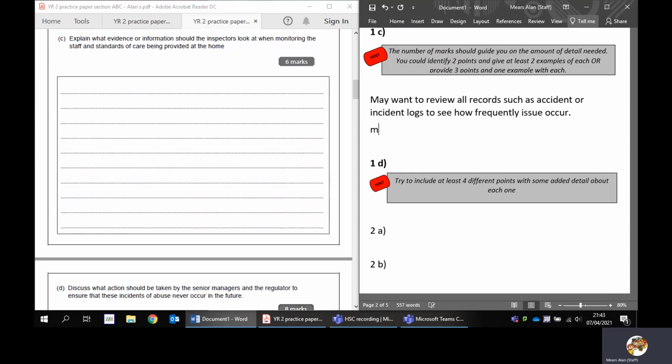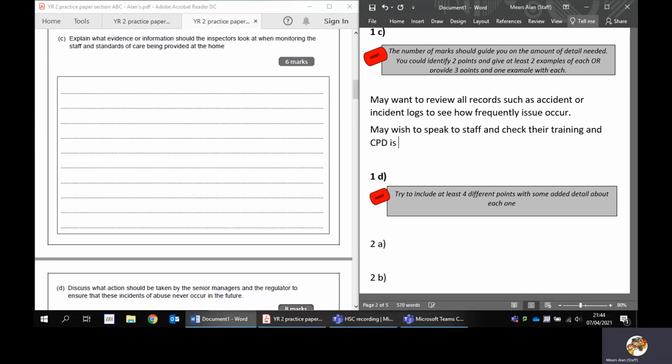They may wish to speak to staff and patients, and check their training and CPD is up to date. So again, they want to speak to staff and see what they're going to be looking for.